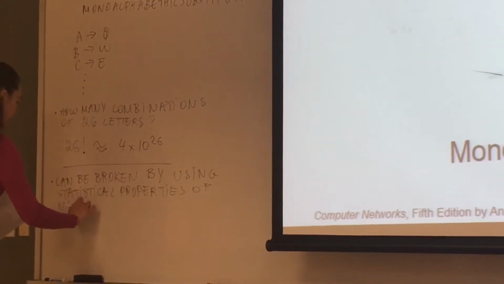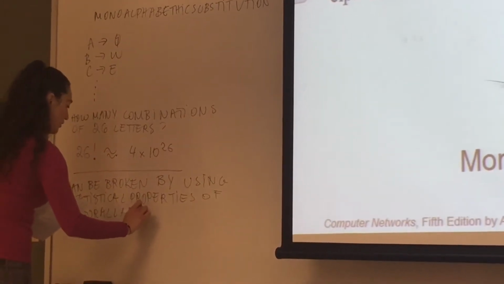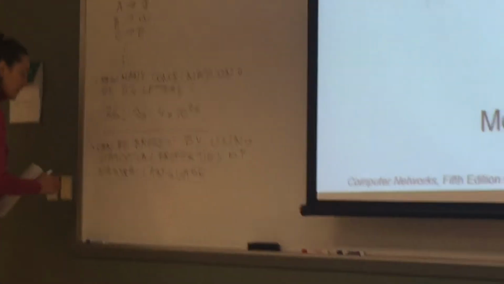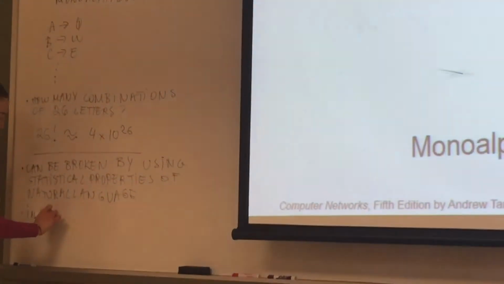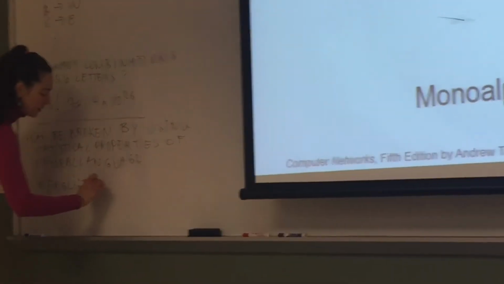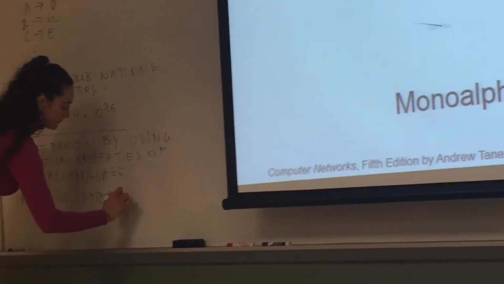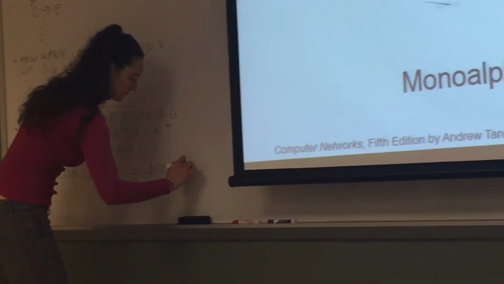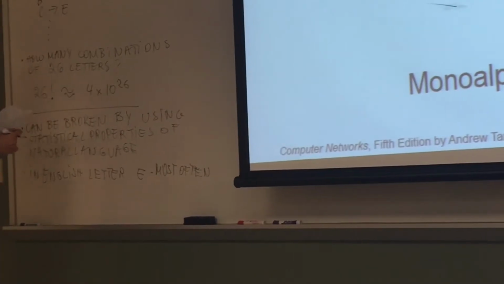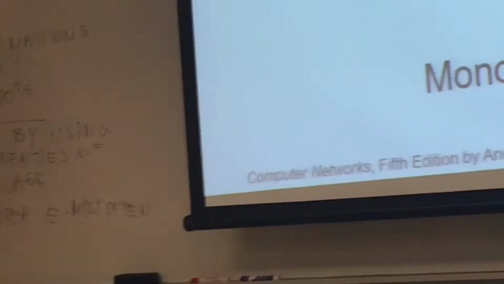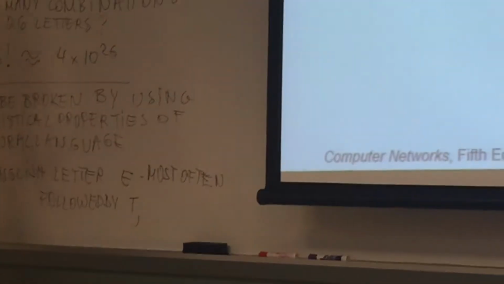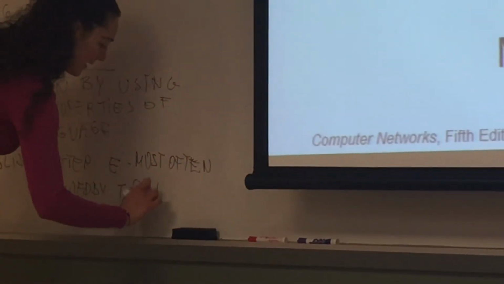In English, for example, we know that certain letters happen more often than other letters. The letter E occurs most often, which is followed by T, O, A, and so on.